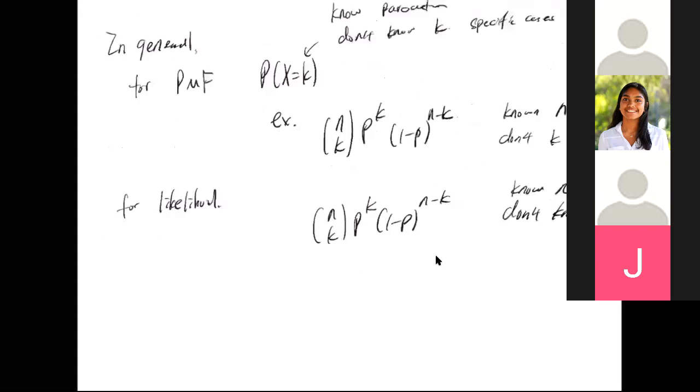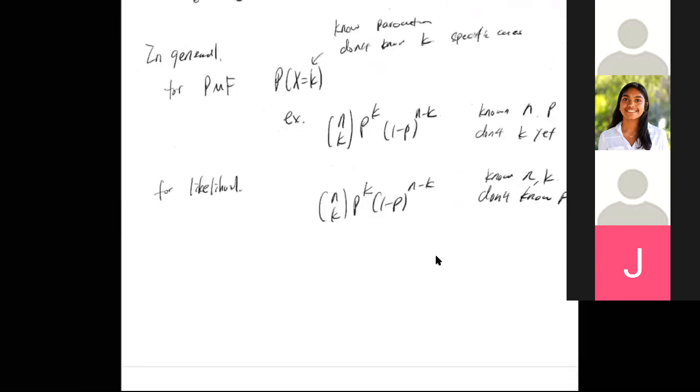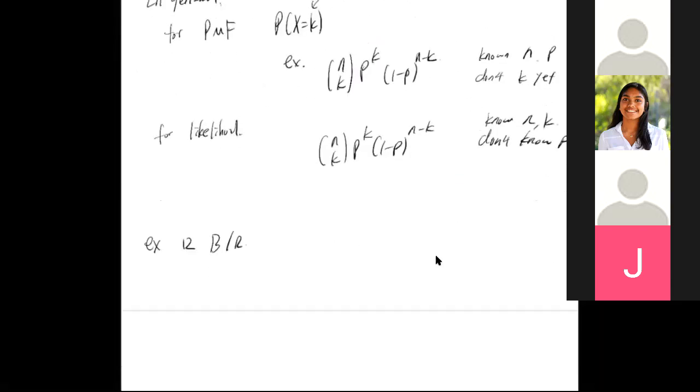The example is you have 12 blue or red marbles in the box, and you pick 4 with replacement.